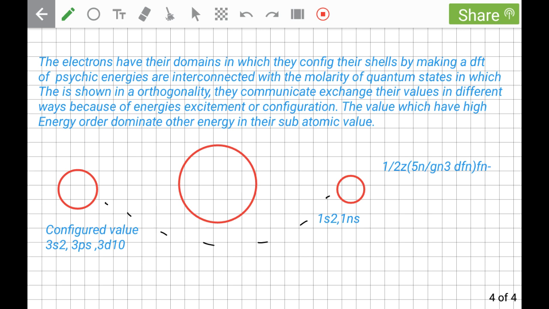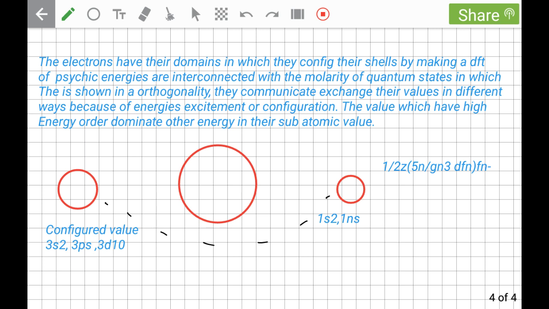They emitted their values through the valued of orthogonality. They show different communicated exchanges, their energies, excitement. All the values are interchanged by their order of increasing. So the value which have high energy order dominate other energies in their atomic value.